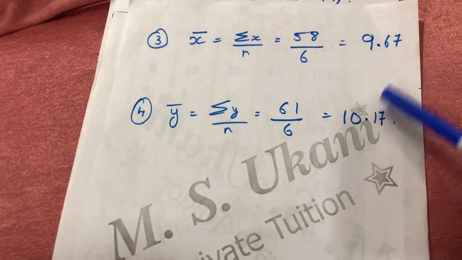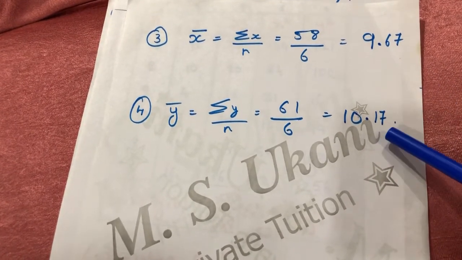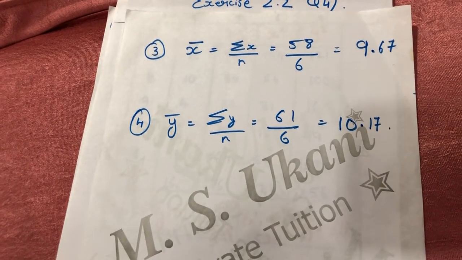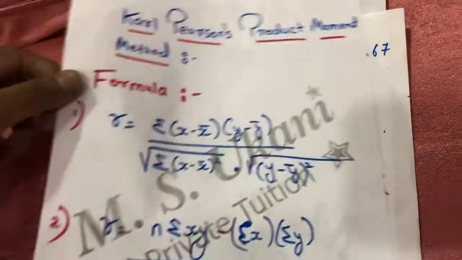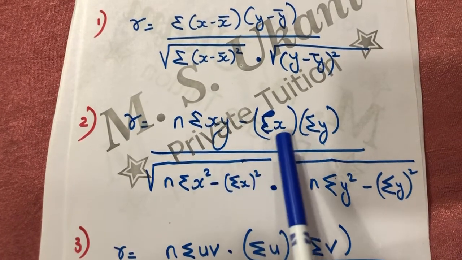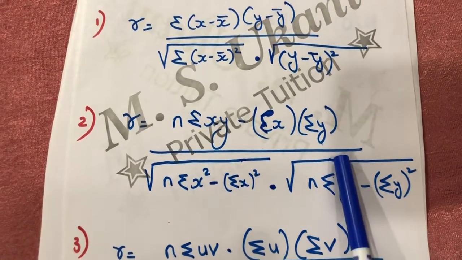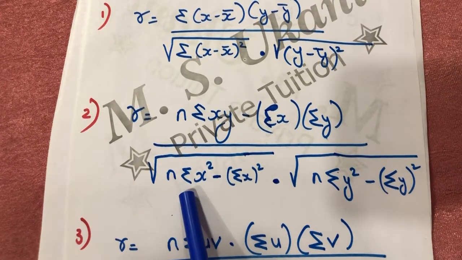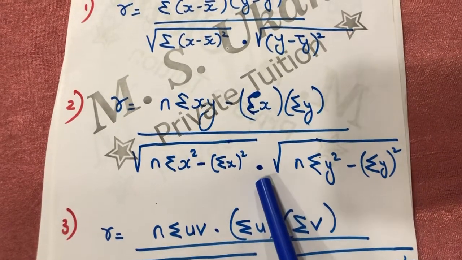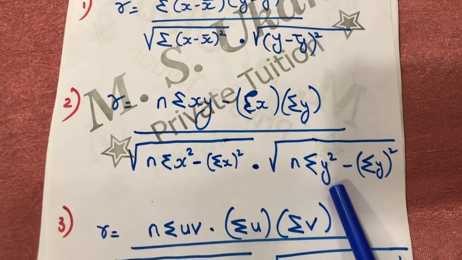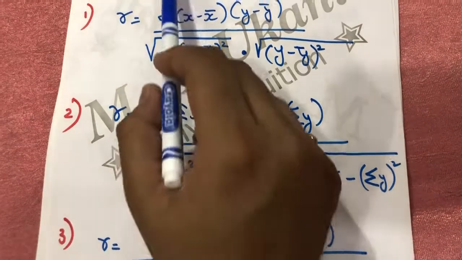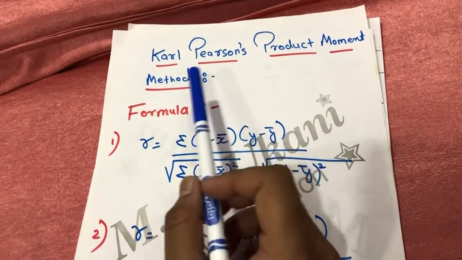So whenever the numbers come in decimals and are below 100, we have to use the second formula, that is this one: n summation xy minus summation x summation y upon whole under root n summation x square minus summation x whole square, multiplied by n summation y square minus summation y whole square.